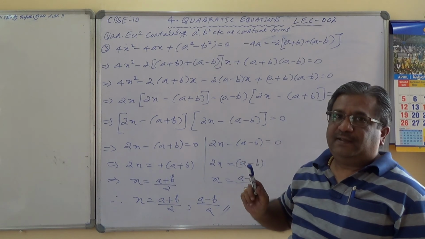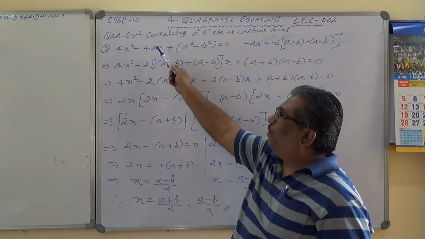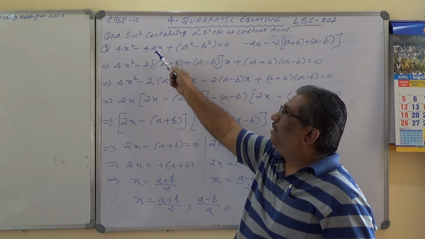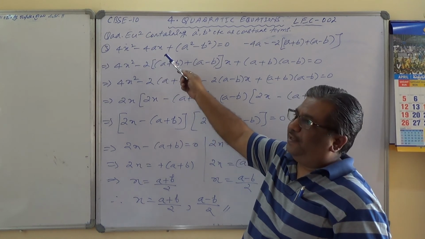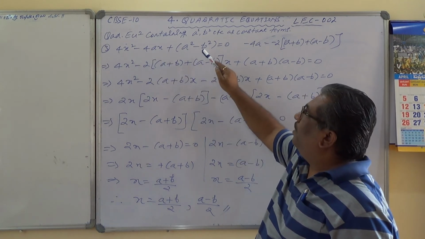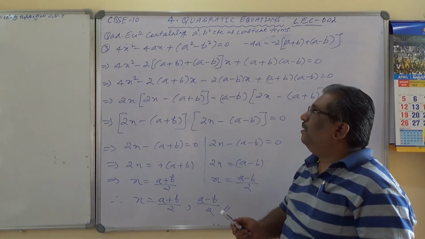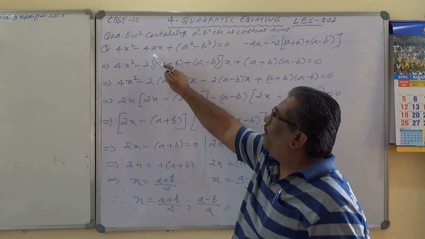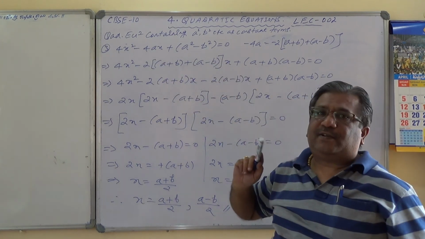Do you understand? My objective here is the coefficient of x, which is the middle term, to be expressed, or I can say like this, we obtained the coefficient of x in terms of the factors of the constant term.